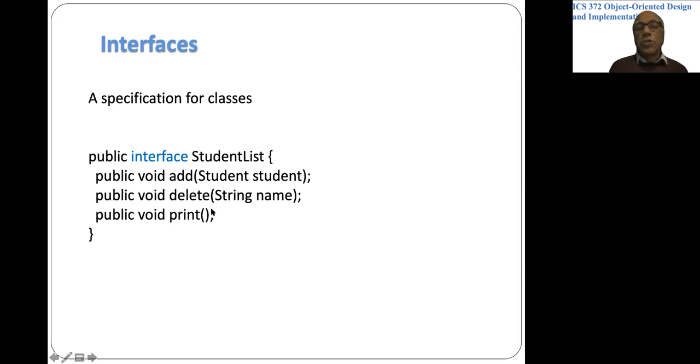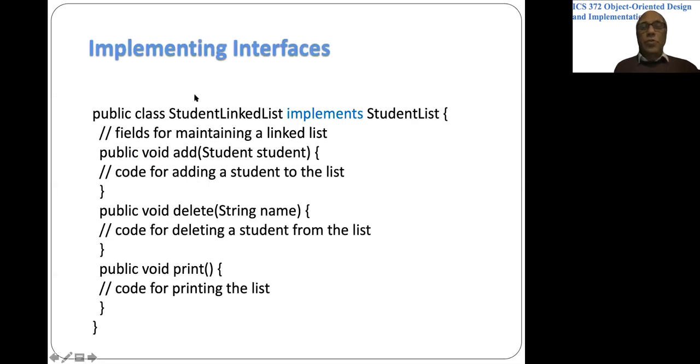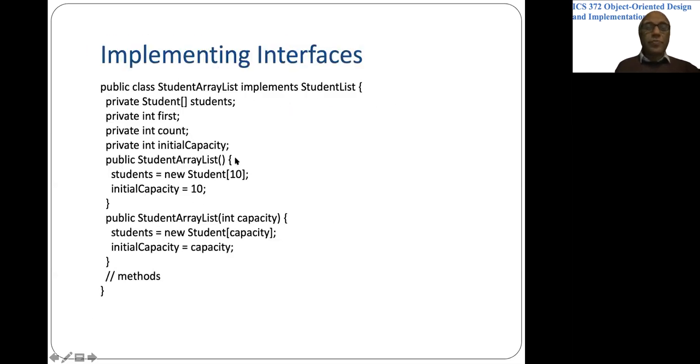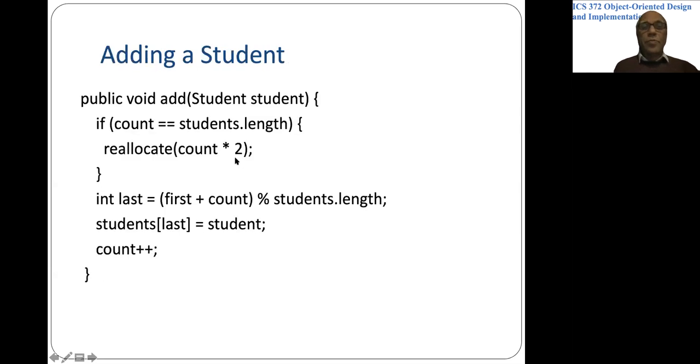There is no body, as you can see. We are saying there is something called student list and it has these methods. It is for somebody else to actually create a class that would satisfy all this. So you would write student linked list implements student list and give body for all these methods. Okay.